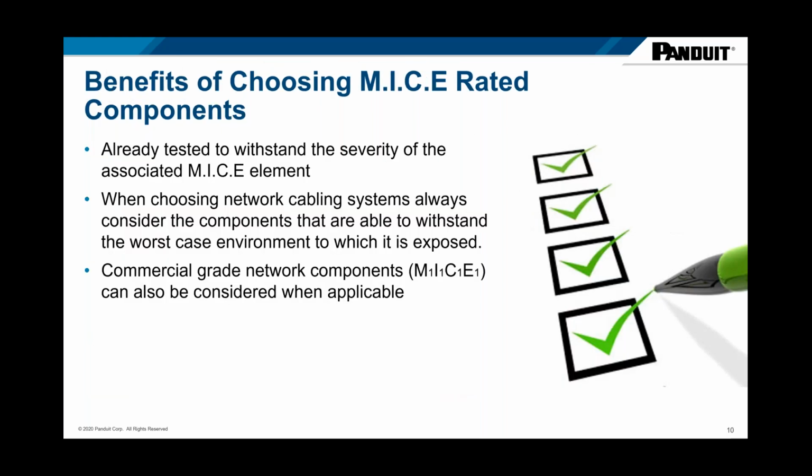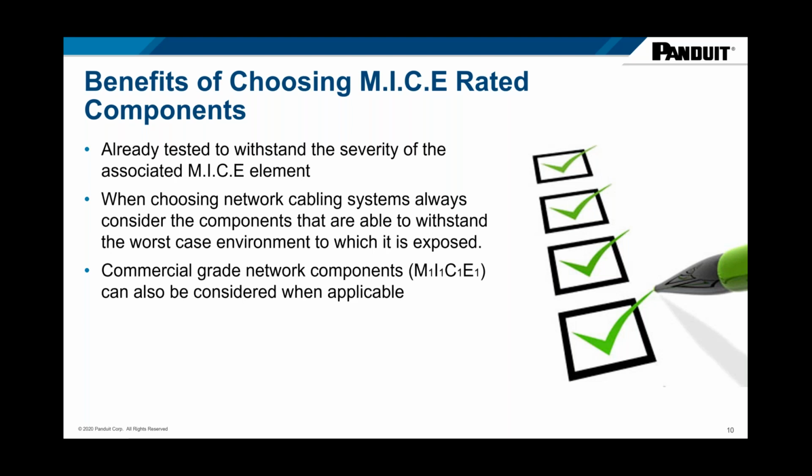So what we do as Panduit to try to provide you some guides from this perspective is we actually go through and we rate all of the products we have in what we call a M.I.C.E guide. So we actually go through and rate all of the enclosure solutions as well as the cabling and connectivity solutions, and we give you a rating if it's M.I.C.E level 1, M.I.C.E level 2, M.I.C.E level 3.